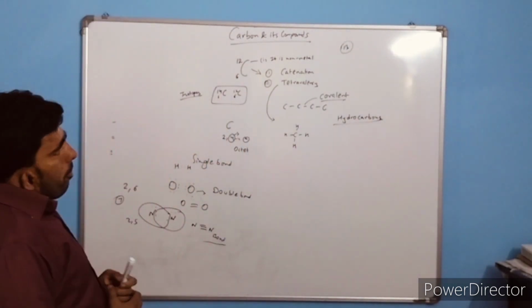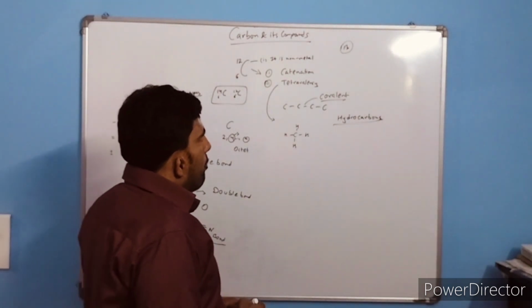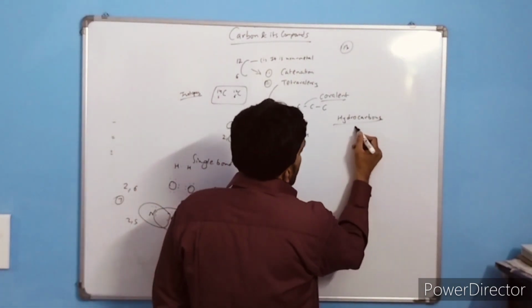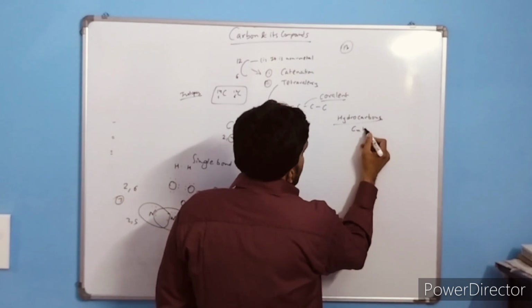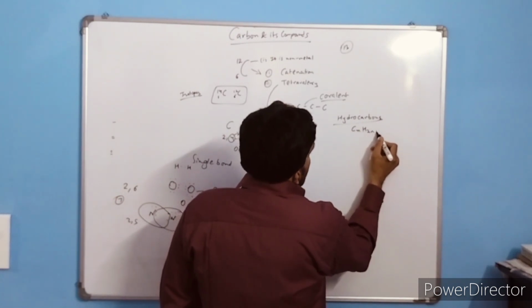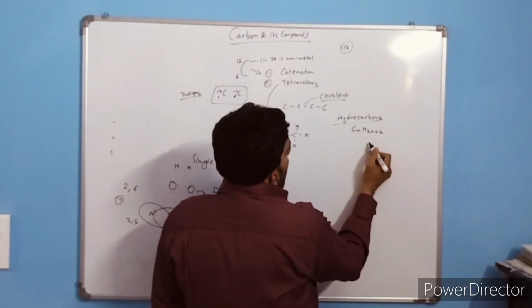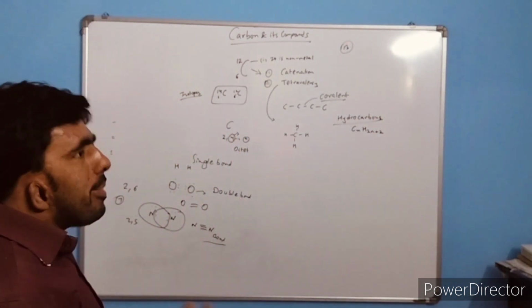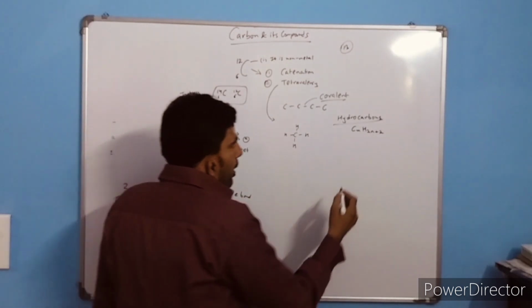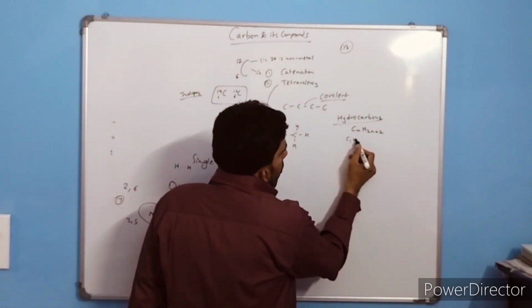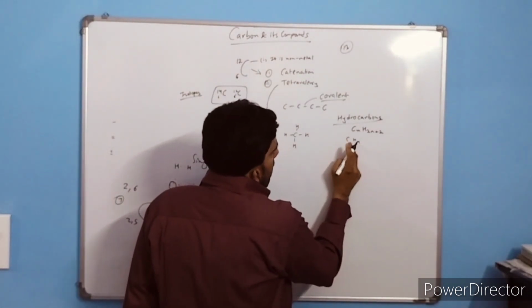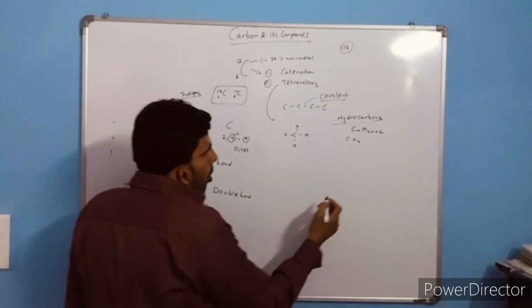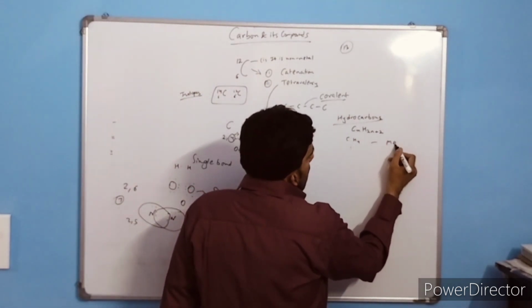Now what about the single bond? They have the general formula CnH2n+2, where n is a natural number. If I consider n = 1, H will be 4. That is CH4, and that is called methane.